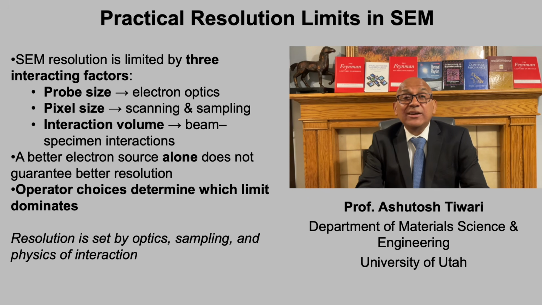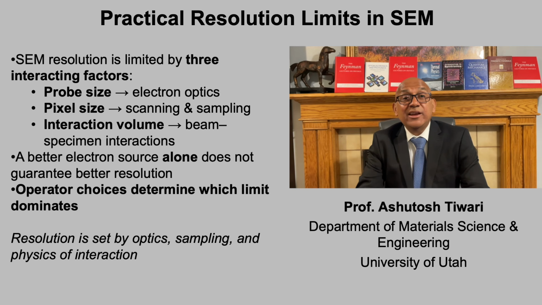The second factor is probe size, which is determined by the electron optics, including the lens system, apertures, and working distance. Probe size defines how finely the electron beam interrogates the specimen. However, even when both sampling and probing are optimized, there is a third fundamental limitation: the electron-sample interaction volume.